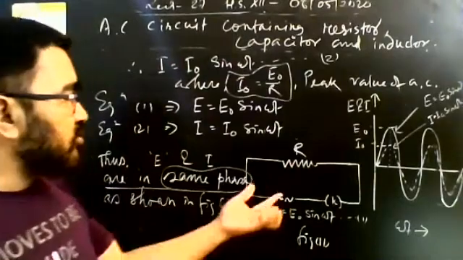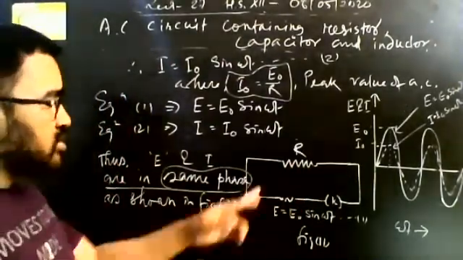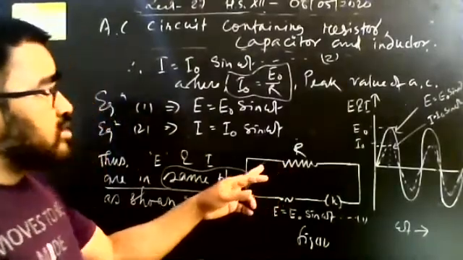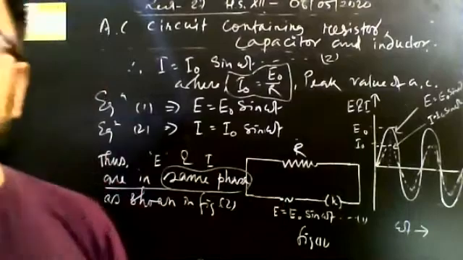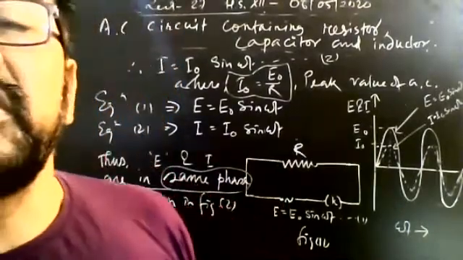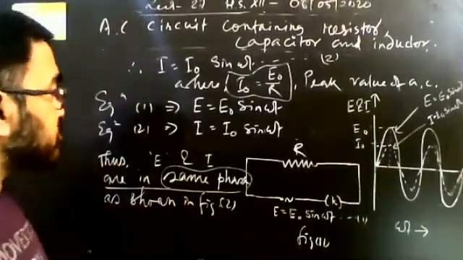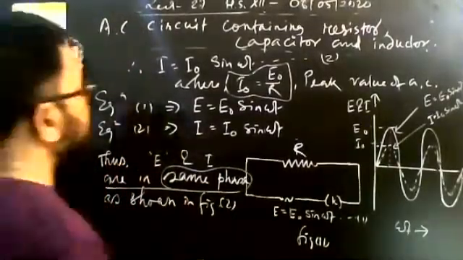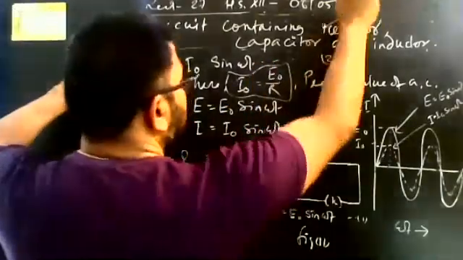That is, it offers resistance, right? So what is resistance? The resistive opposition to the flow of current is called resistance.